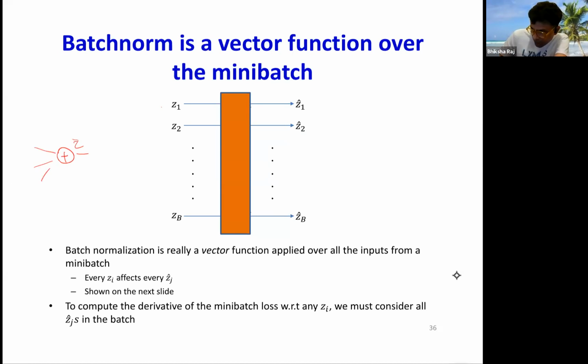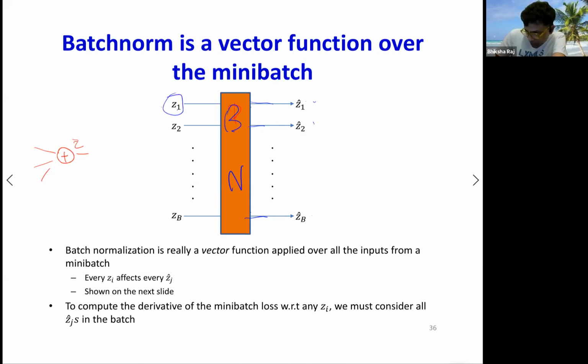So within a neuron, you get the z term for every single input in the mini batch. And the batch normalization operation operates simultaneously on all of these and produces the normalized and shifted version of each of these inputs at its output.